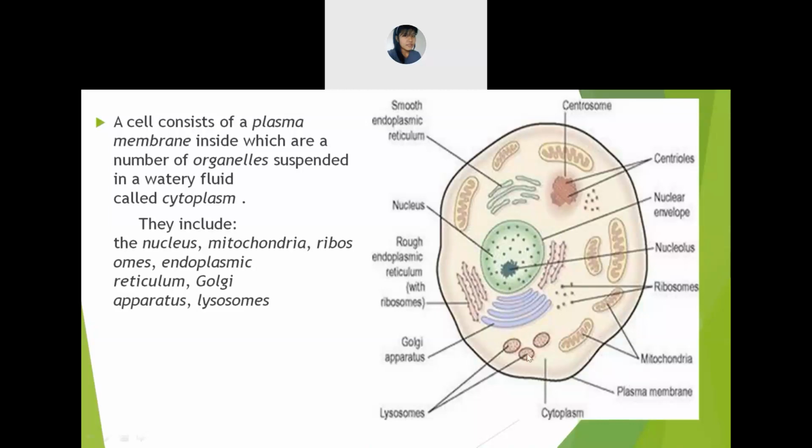Ribosomes are there. Endoplasmic reticulum is also there. The Golgi apparatus is also there, which is this, and lysosomes. And the nucleus is also there. So all these are the parts of the cell. Is it clear?